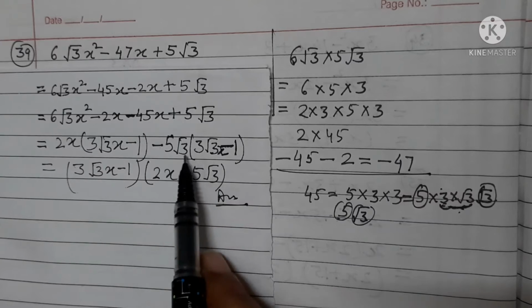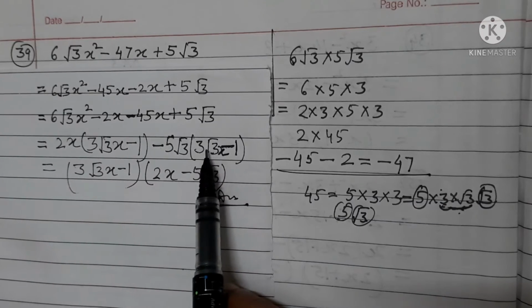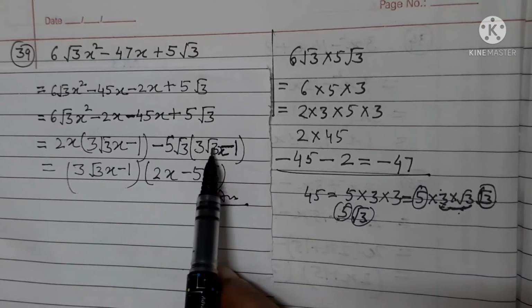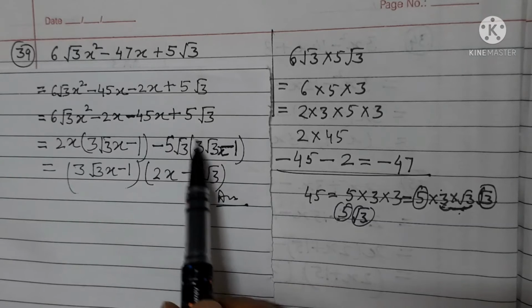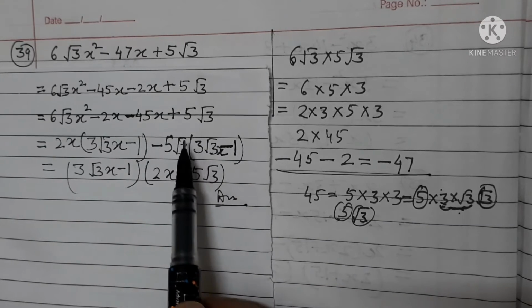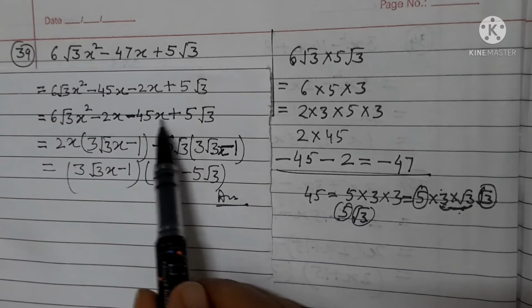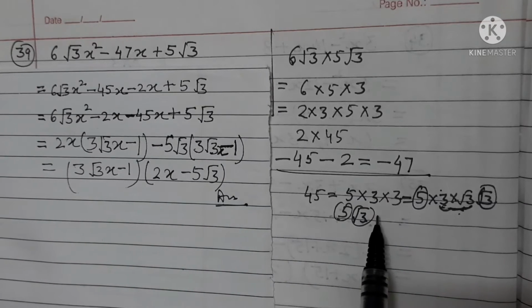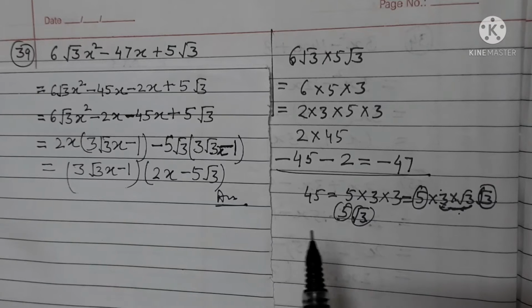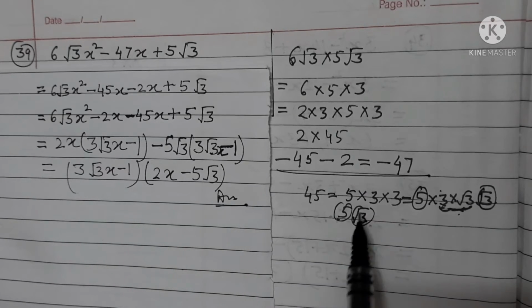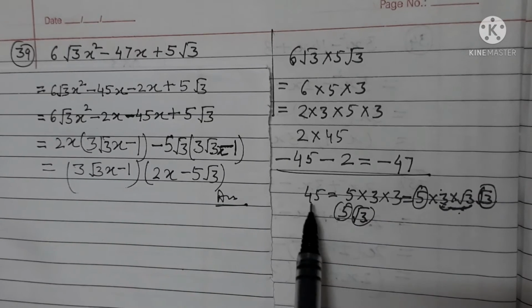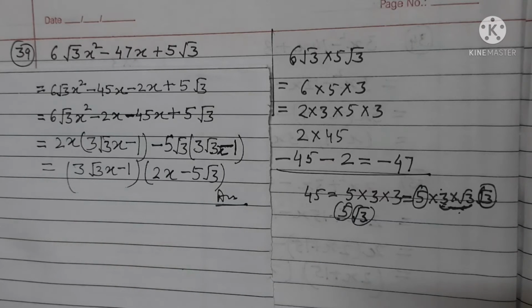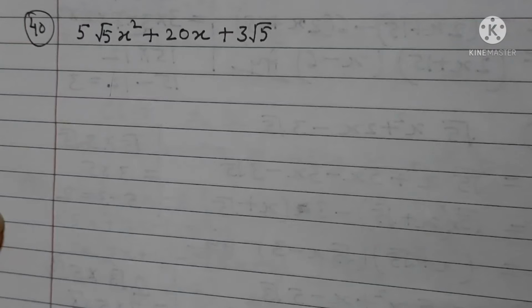This is just an idea that you can use here, or otherwise you can do the factors separately and take common if you are not finding the exact common factors. Then next question, 40.